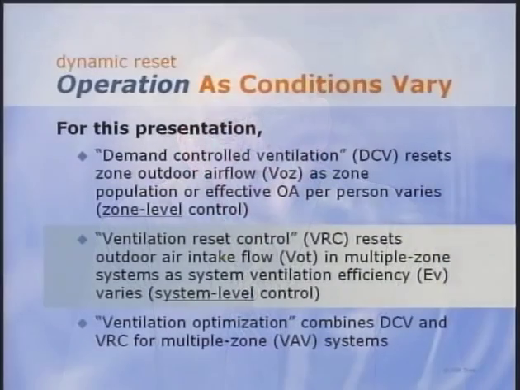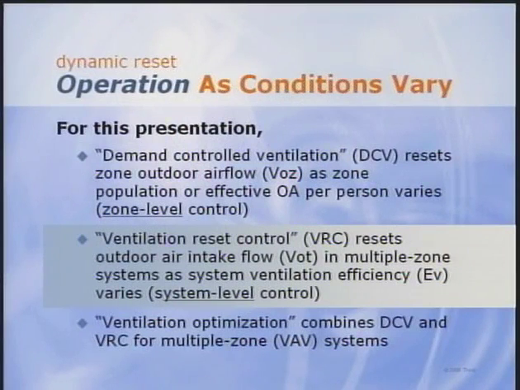So if a designer wants to use zone-level demand-controlled ventilation to respond to variations in population, Standard 62 allows it. We covered this topic in a 2005 broadcast, as well as a newsletter and a couple of journal articles if you want more details. But what about dynamic reset based on variations in efficiency? As zone airflow changes in response to changing thermal loads, the system ventilation efficiency also changes.